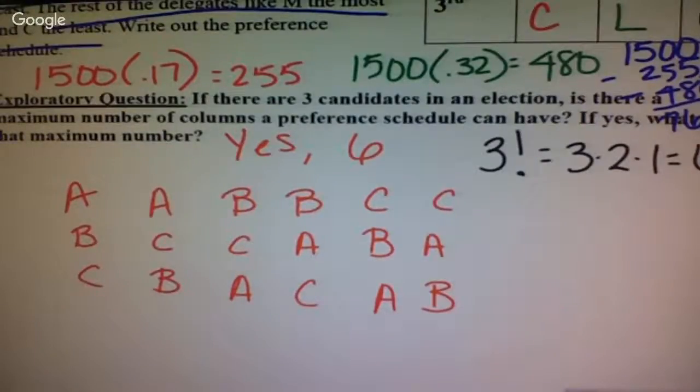If I up that to 4 candidates, that becomes 4 factorial, which is 4 times 3 times 2 times 1. There are 24 different columns you can have. So that gets bigger and bigger with every candidate that we add in. Any questions on preference schedule?